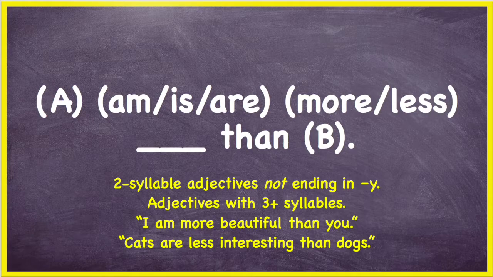A, then the to be verb, am, is, or are, more or less, adjective, than B. For example, I am more beautiful than you. Or cats are less interesting than dogs. Okay, so in this case, you do not add er. You just put more or less than the adjective. You still need to use that word than.